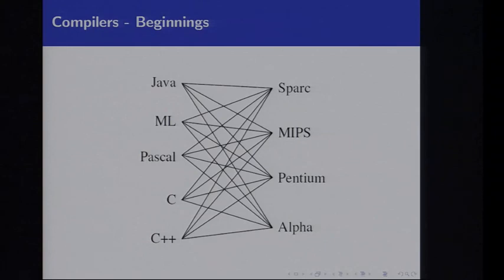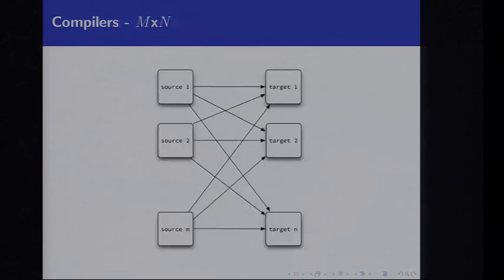And very quickly, you can see that this approach has issues in scaling. If for every language and for every target, you would build a new compiler, and if you had m languages and n targets, you would end up with m times n compilers. So this is not really a scalable approach.